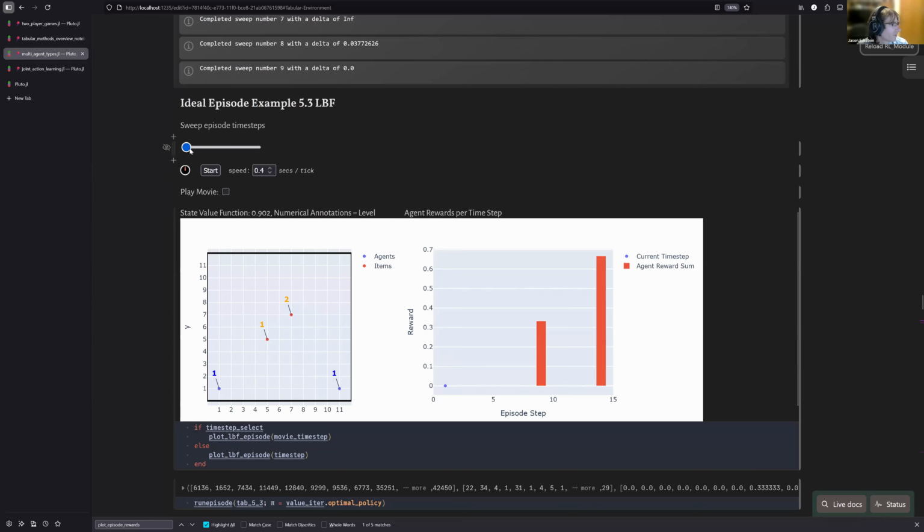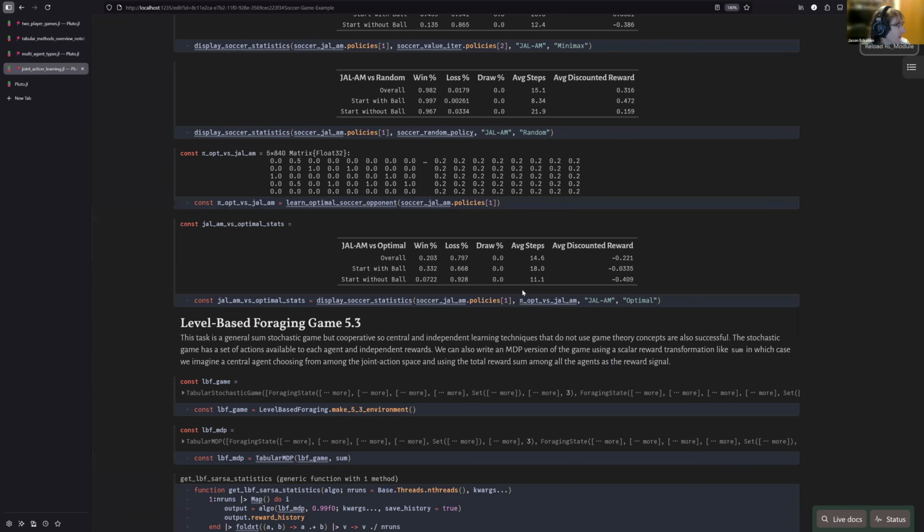We solved this in a previous chapter, and it had an exact solution where the first agent collects this item, and then they go together and converge on the second item and collect it. This had a solution of 14 steps, the time required to solve this as best as possible.